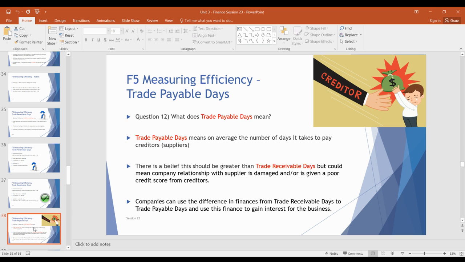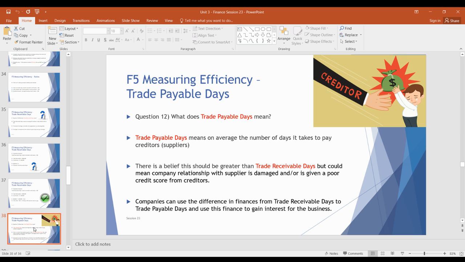For example, if you are given a credit term of 90 days, the reason why that business is giving you 90 days is that it's on credit. Now, if you pay on day one, you could have been generating interest from that cash in your bank.